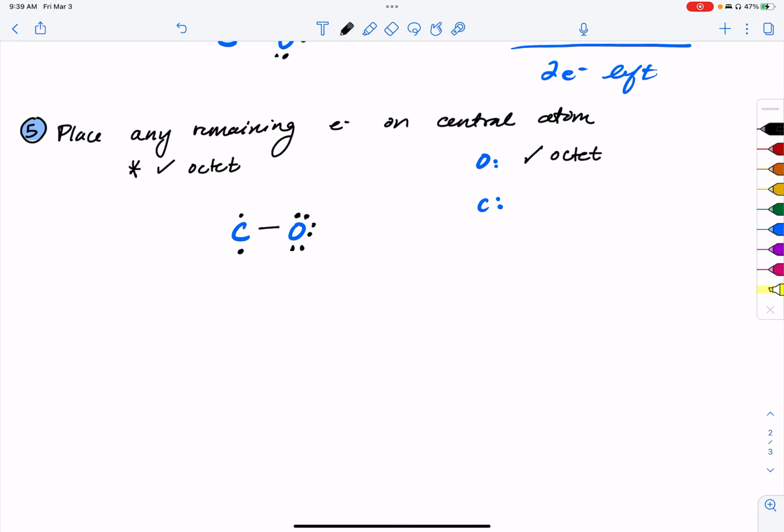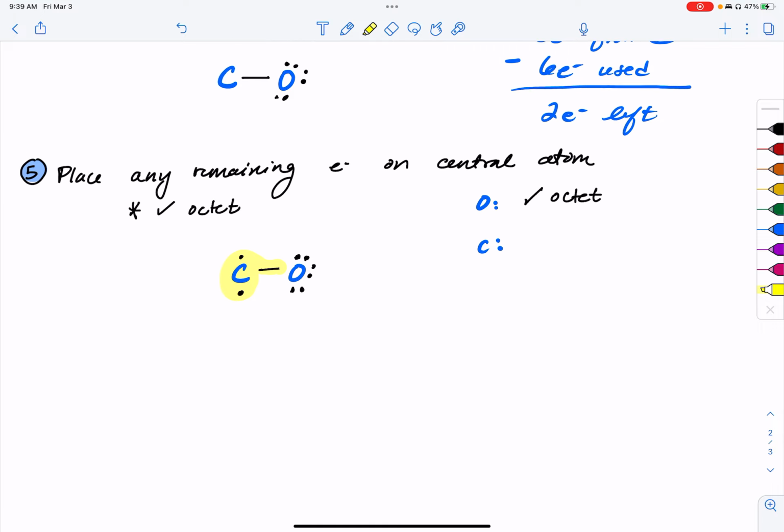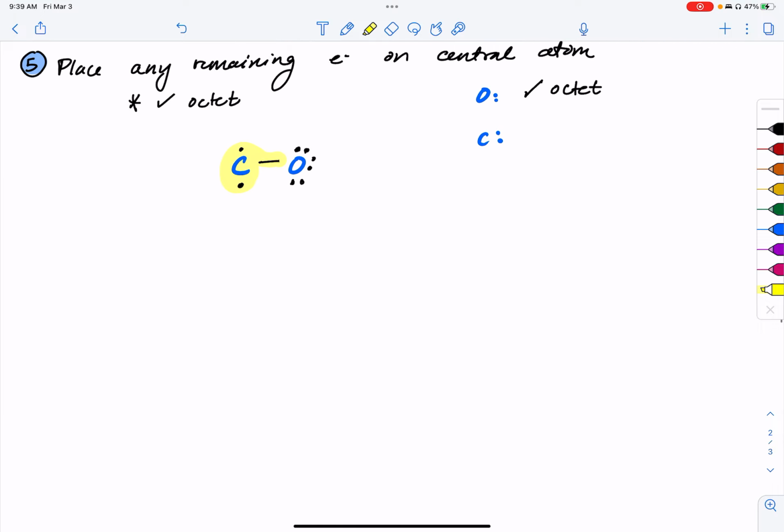But as we've drawn this, carbon has the 2 electrons that it's sharing with oxygen, plus the 2 electrons that we've placed on carbon that were left over from our bonding budget. So if I were to count those up, right, that would be 2, 4. So this does not obey octet.